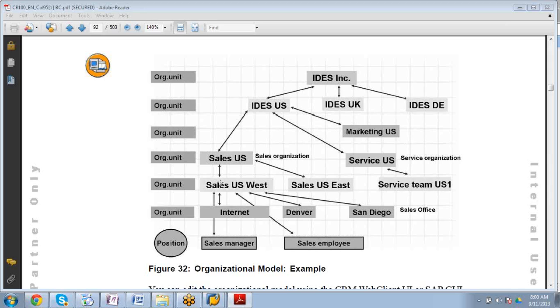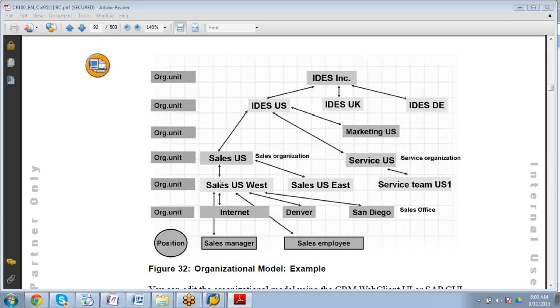You write this: the org model can be used for multiple hierarchies with the following characteristics. Number one, continent level.